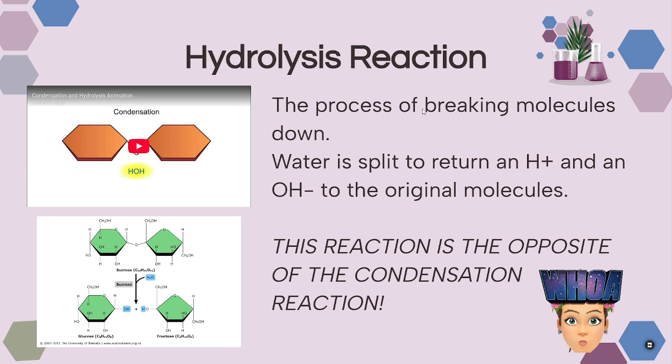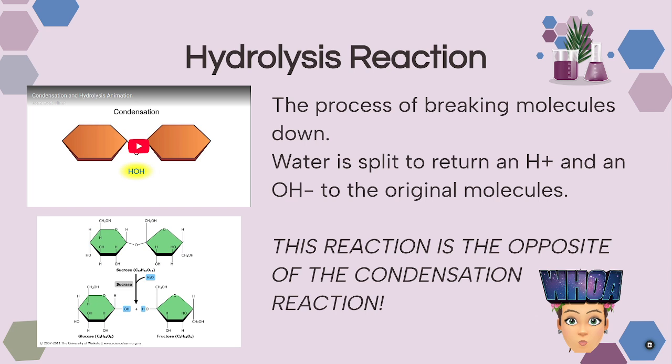Now, the opposite. Let's say I have a larger molecule, like in the picture on the bottom left here, sucrose. We've already combined glucose and fructose together through dehydration synthesis, and maybe I wanted to break them apart, to separate them into their smaller monomers, the monosaccharides.